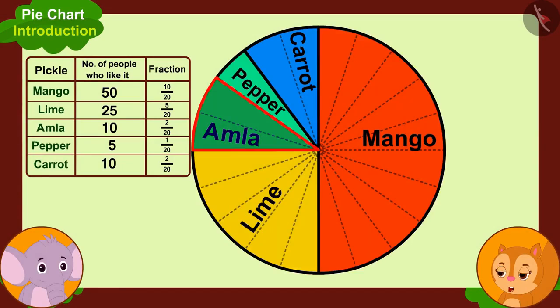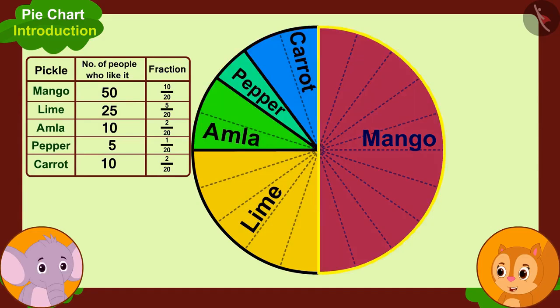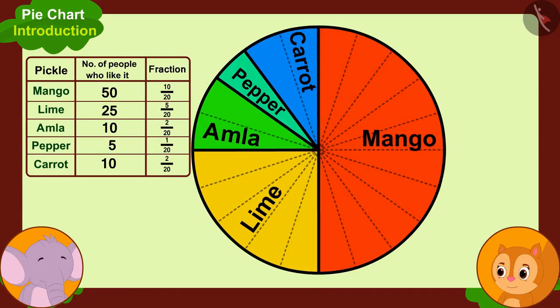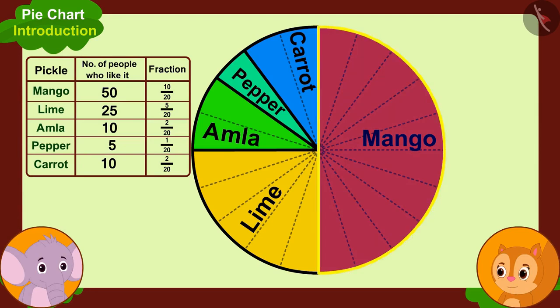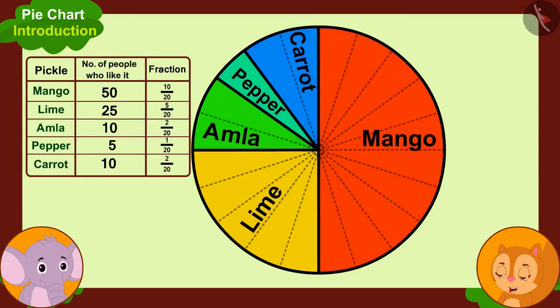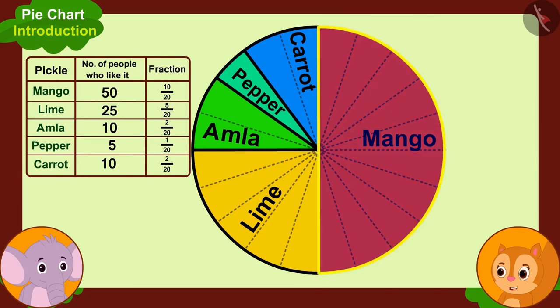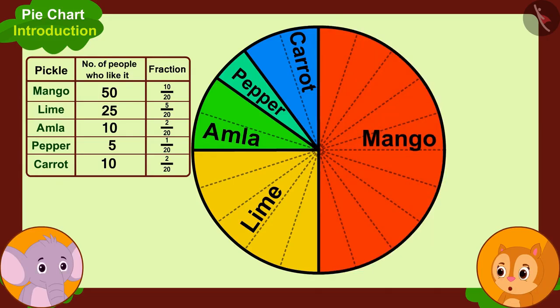Wow, Appu! Now we can easily find out by looking at these parts that people like mango pickle the most, because the largest part of the pie chart shows the number of people who like mango. And this smallest part shows the people who like pepper pickle.